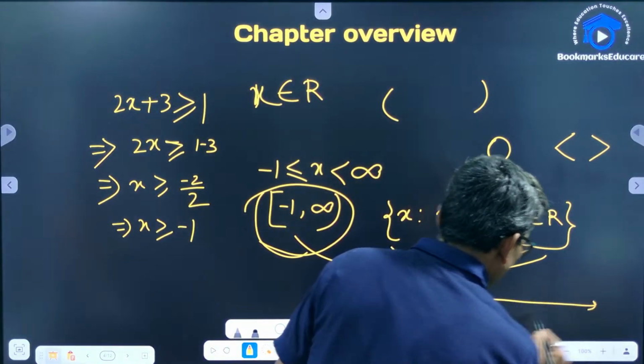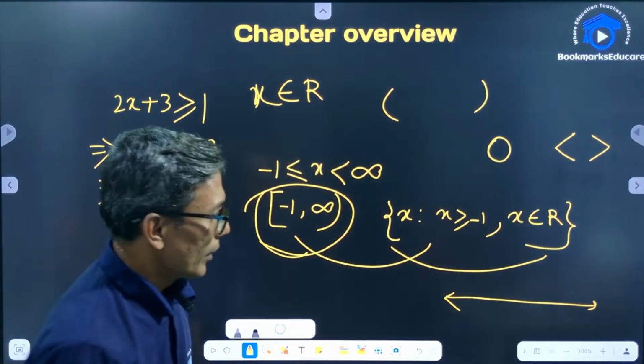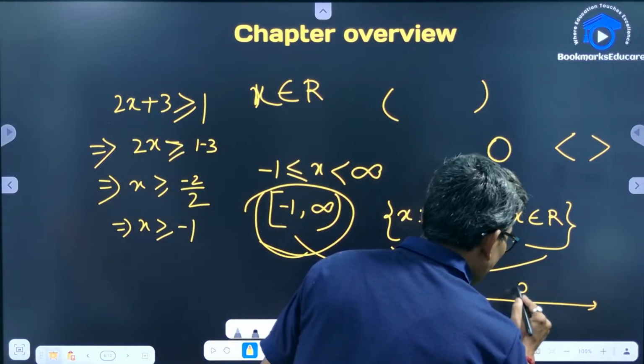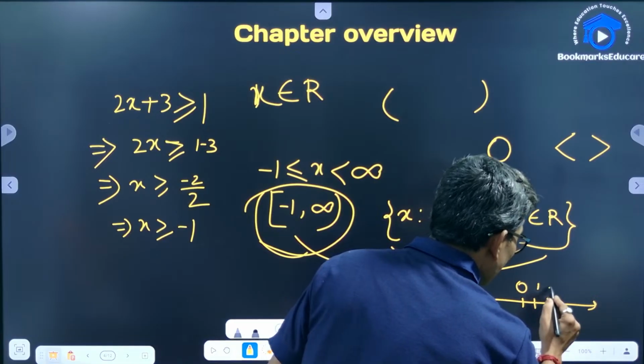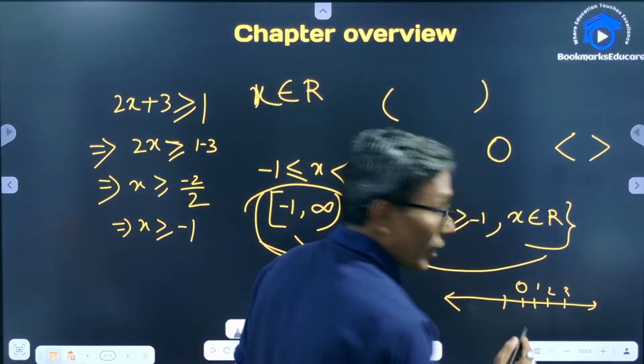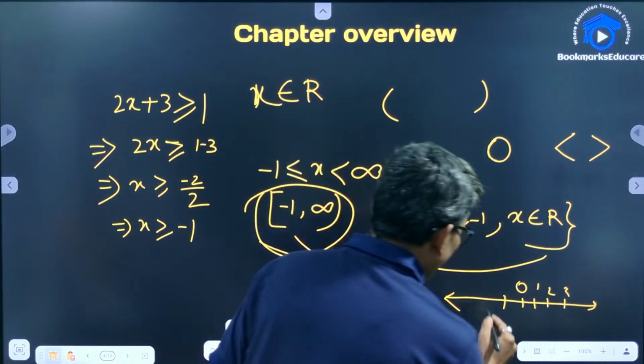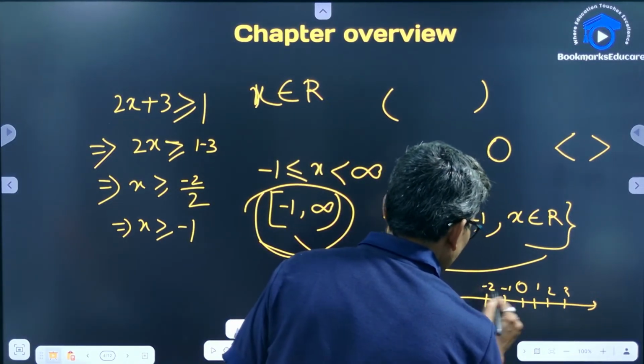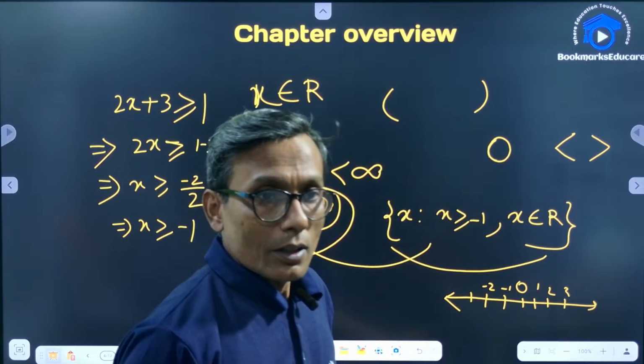This is a number line. Okay, so 0, 1, 2, 3 going on the right hand side of 0, and minus 1, minus 2 on the left hand side.